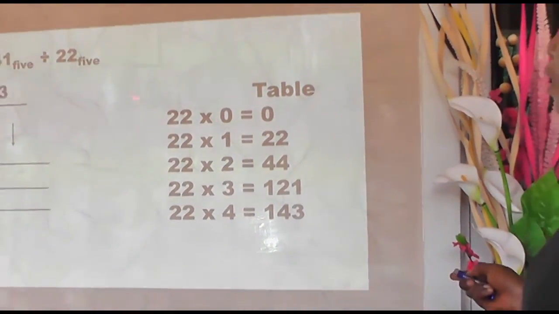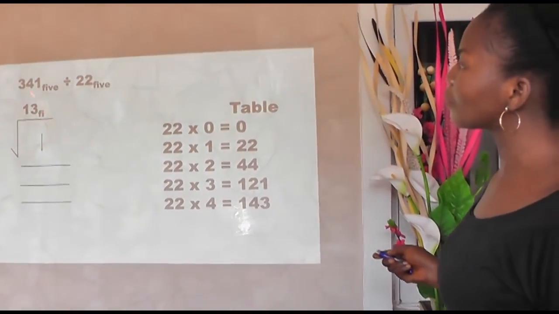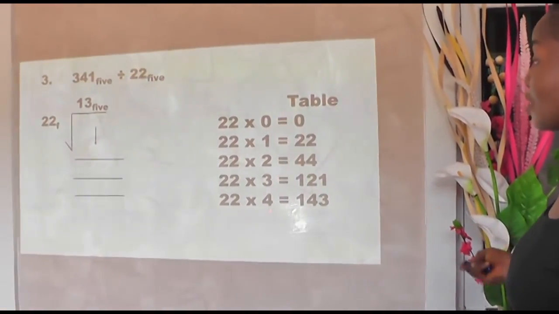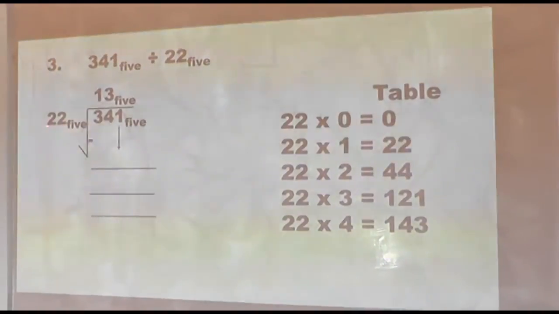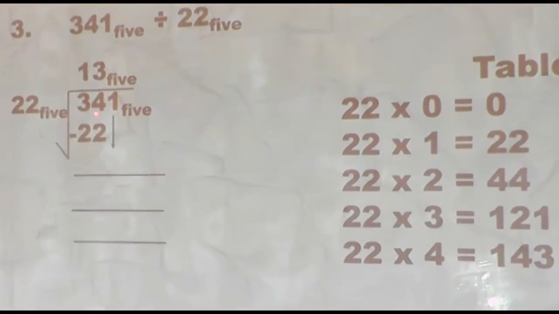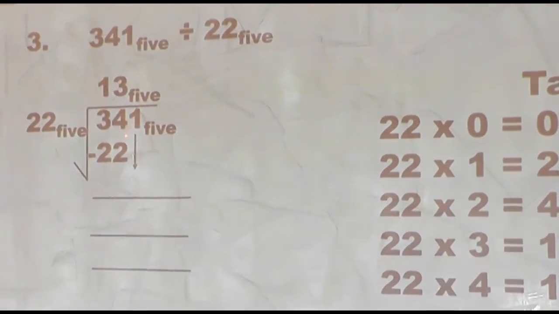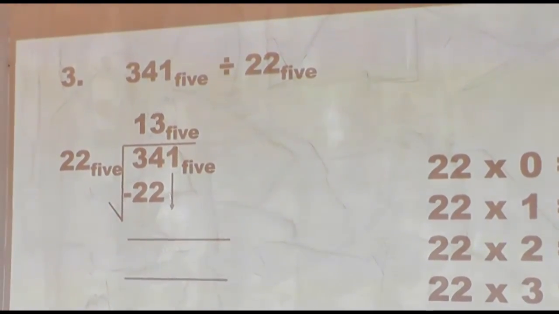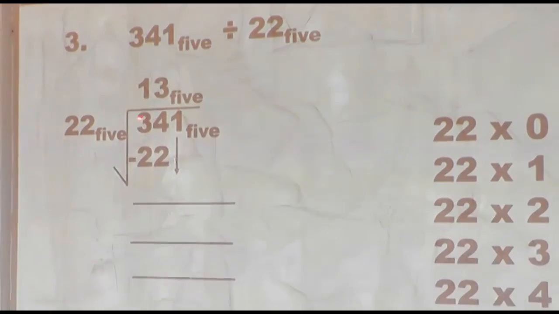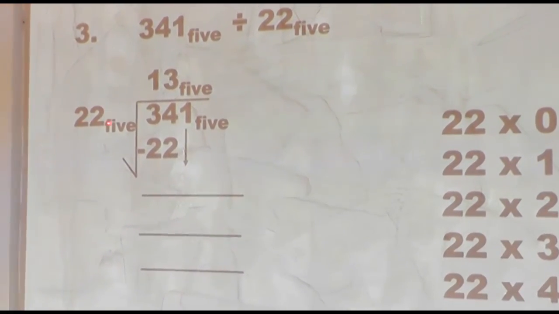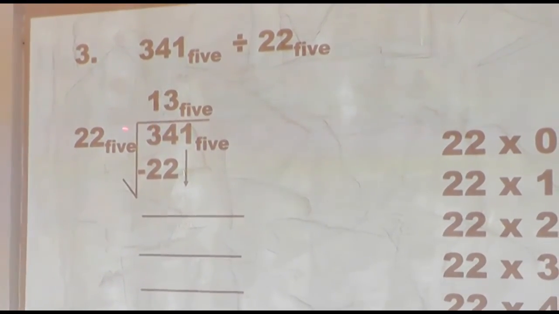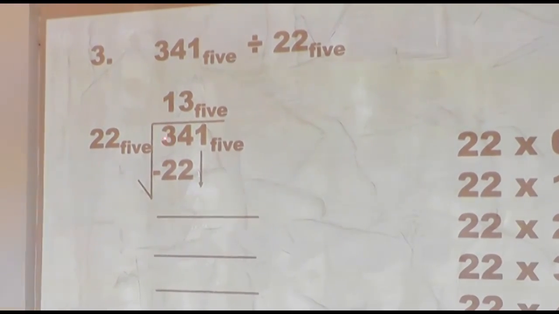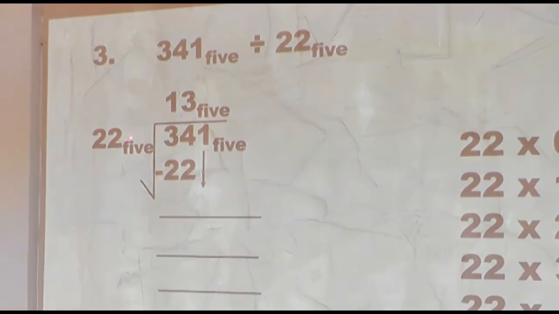So here, if we now have 341 to be divided by 22, this table has made it easy. So we have 34. Alright, 22 can divide into 34, so we will be taking 34 first to be divided by 22. Now there is a reason why we are not saying 22 should divide 3, because 3 is not greater than 22.